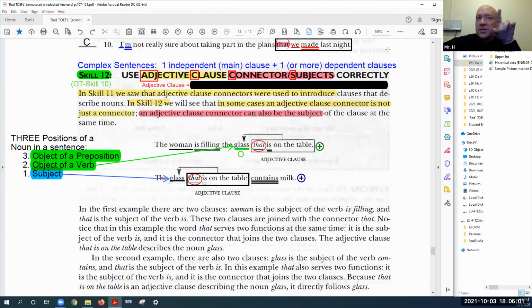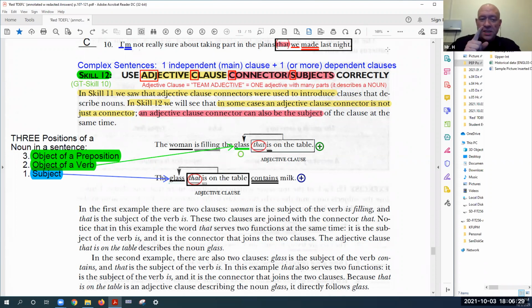Before we continue, what is an adjective clause? An adjective with many parts. And what does it do? It describes a noun.